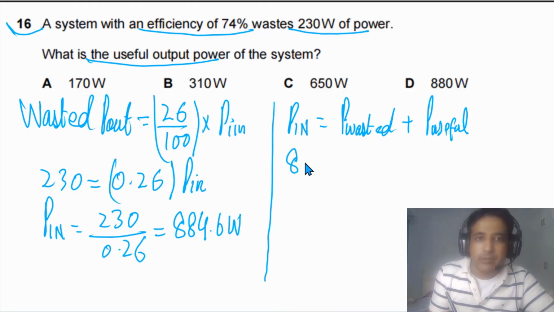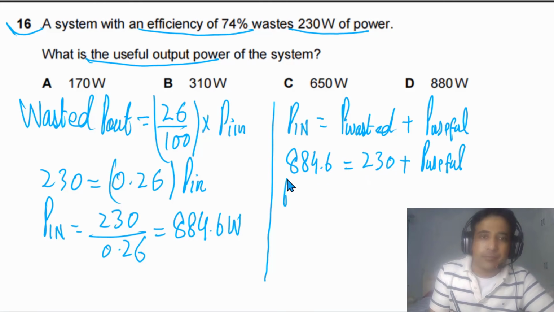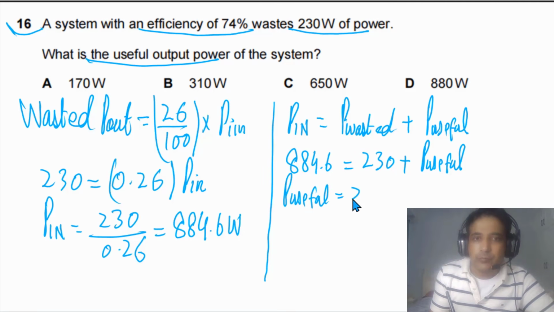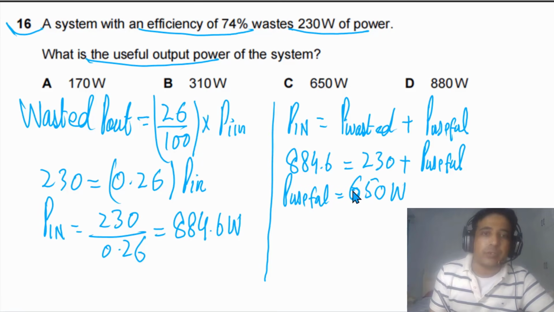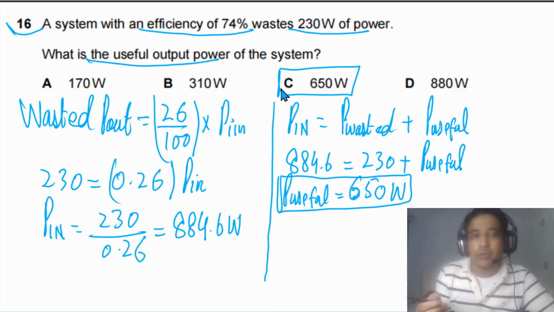We have 884.6, and P wasted we have 230, and P useful, the useful output power, will be equal to about 650 watts. So this is our final answer, and the answer for this question is C. So this is how you can figure it out.